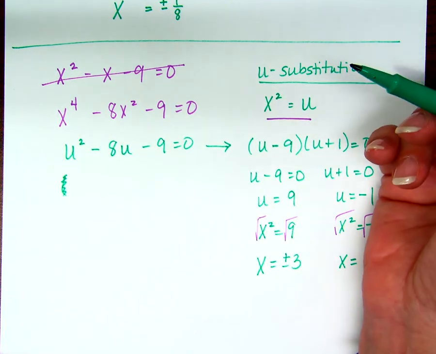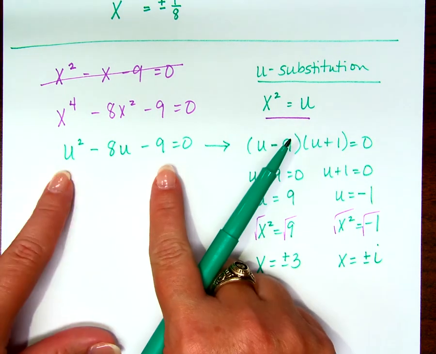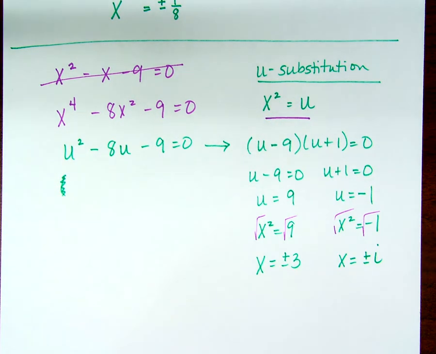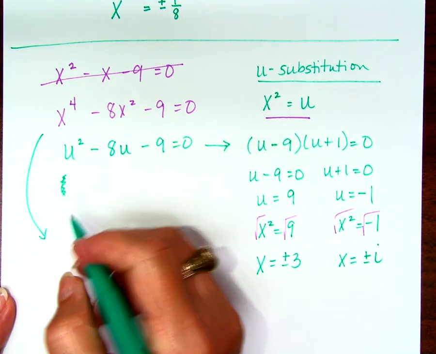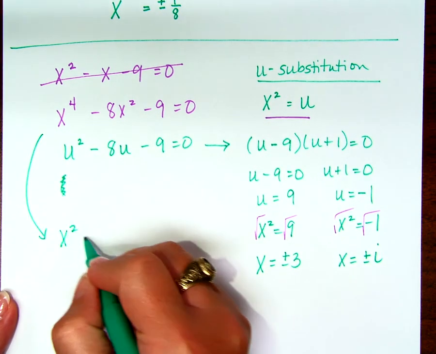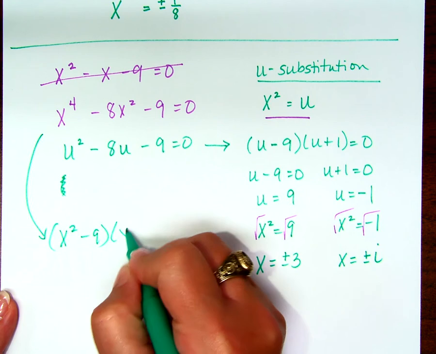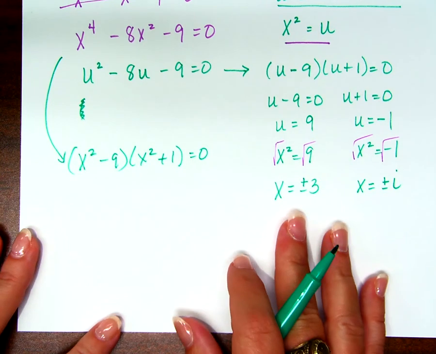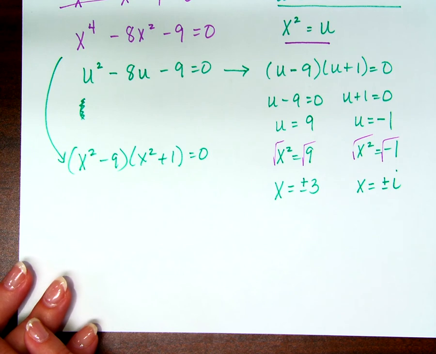See what I'm saying? Now, we could have gotten to this pinkish purple one up here. We could have said, oh yeah, I know how to solve that. That's just x squared minus 9 and x squared plus 1, because we did talk about ones that were a little bit more difficult like that in Algebra 2.